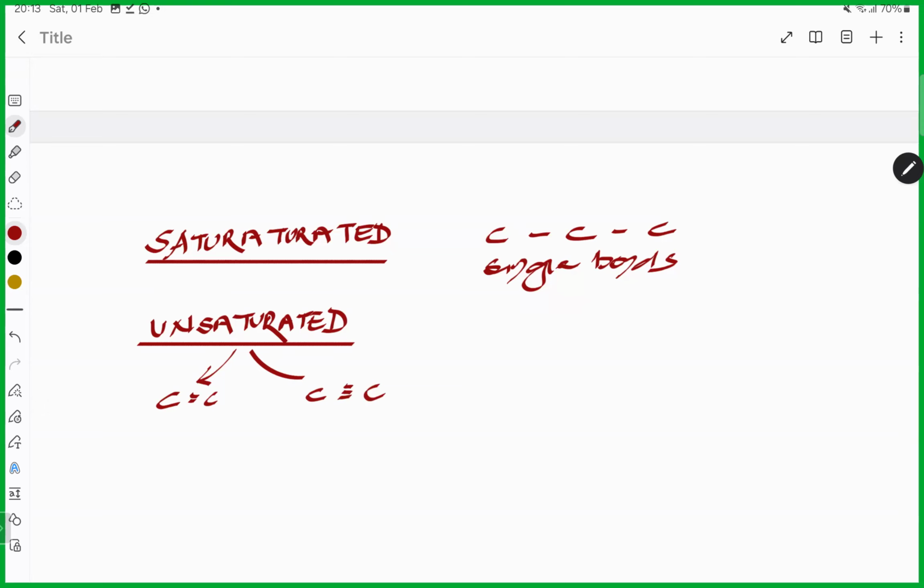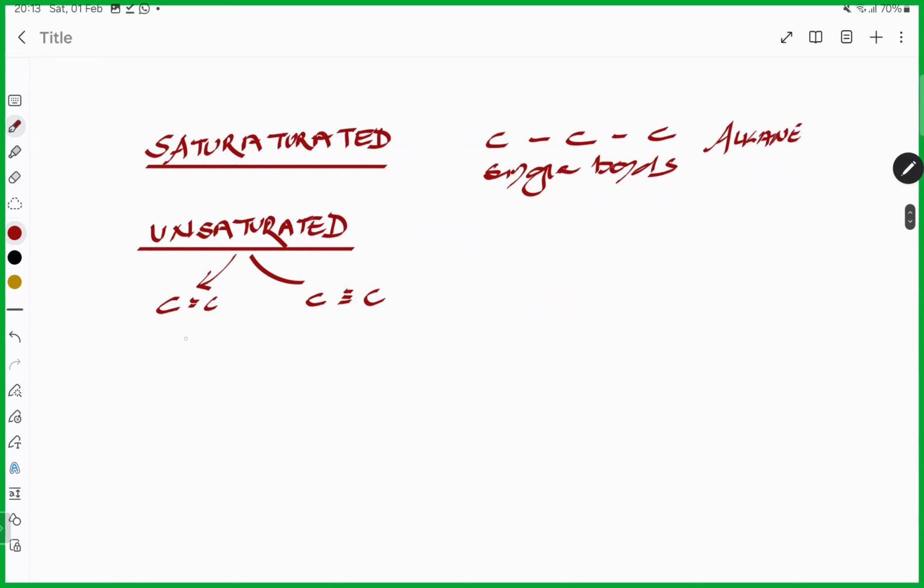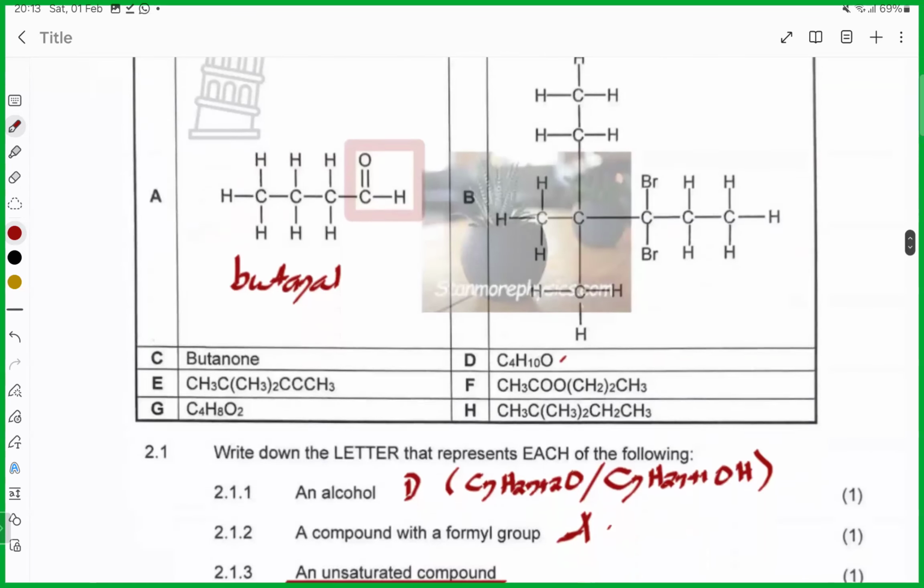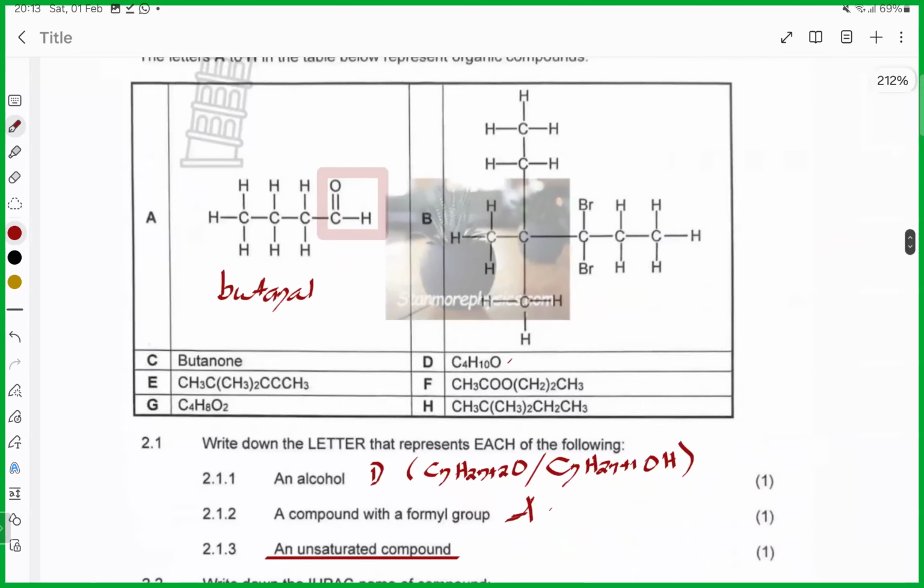Any hydrocarbon which has single bonds between them is saturated, which means an alkane is a saturated hydrocarbon. Unsaturated would be either an alkene or an alkyne. Unsaturated means you must have a double or a triple bond between the carbons. Homologous.